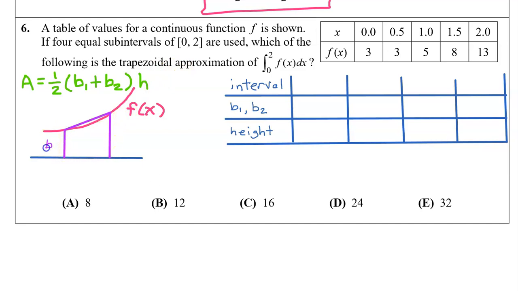This is base 1, and this is base 2. We know that the area of a trapezoid is 1/2 base 1 plus base 2 times height. The height of a trapezoid is the distance between the bases. So this is the height right here.